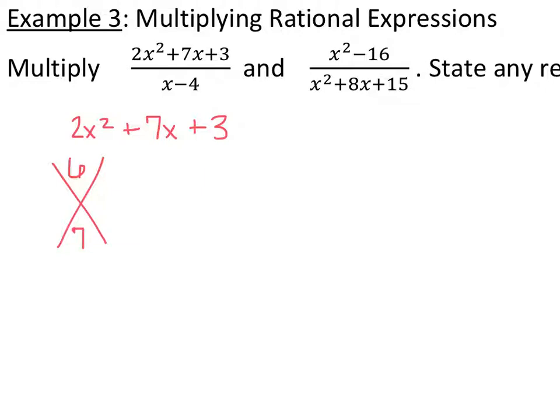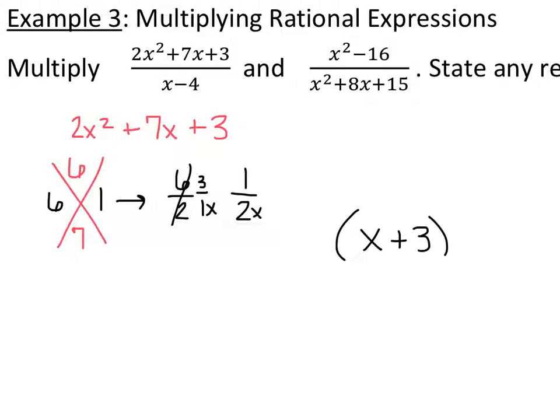Numbers that multiply to get 6, add to get 7 are 6 and 1. My denominator is my a value, which is 2. I can reduce this one to 3 over 1, put my x's in there. So my factors for that one are x plus 3 and 2x plus 1.